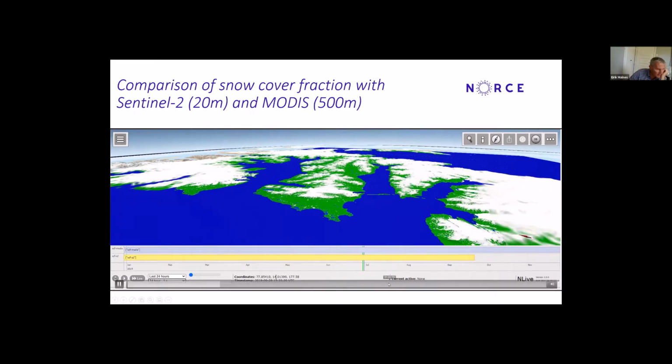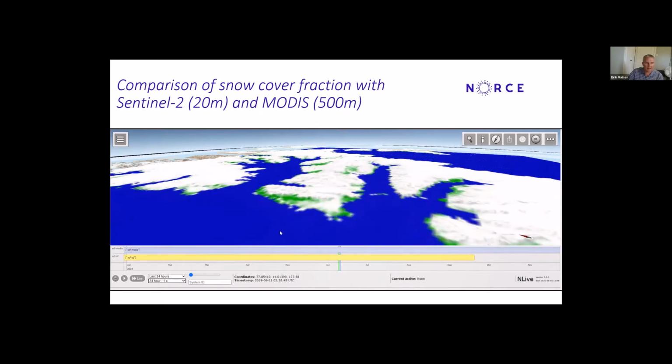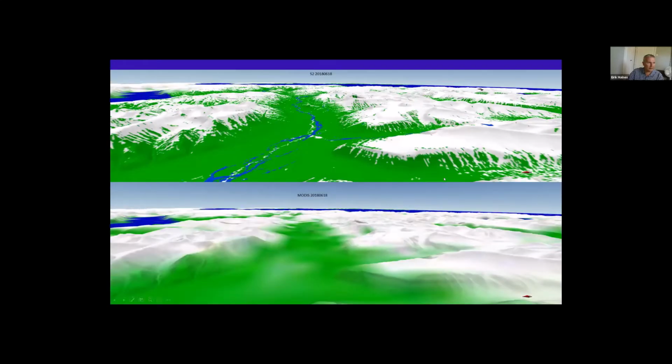And if I go here, we have also done the same using MODIS. So you can see that the spatial resolution of MODIS is much coarser than Sentinel-2, but the bigger details are similar. We can also compare single days, like this.